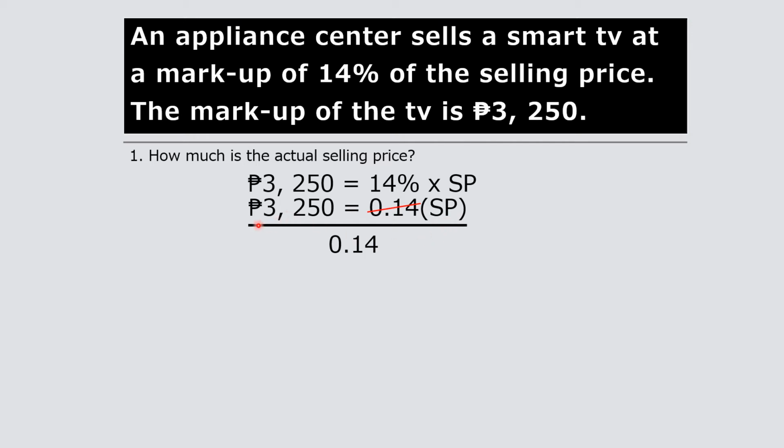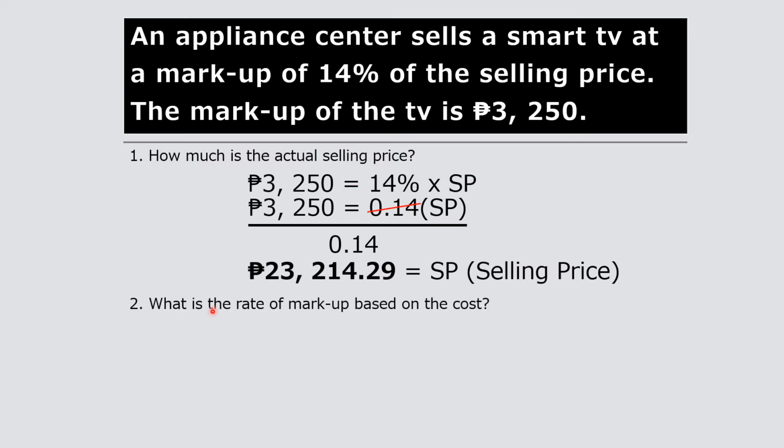On the left side, we divide 3,250 by 0.14. After dividing, we get 23,214 pesos and 29 centavos. This is now the actual selling price. We already answered the first question.